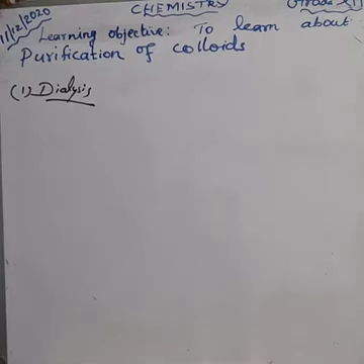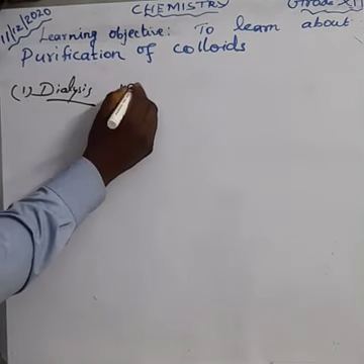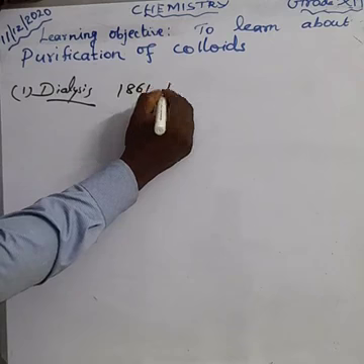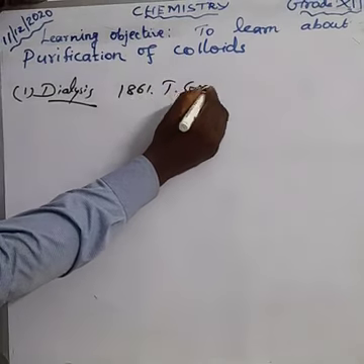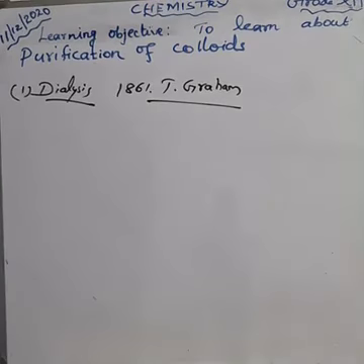Here, in 1861, T. Graham, one of the scientists, separated the electrolyte from colloid using a semi-permeable membrane.